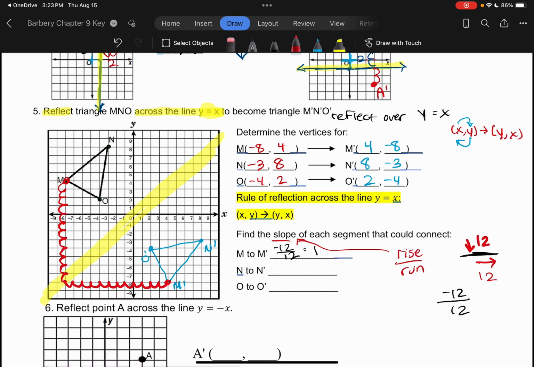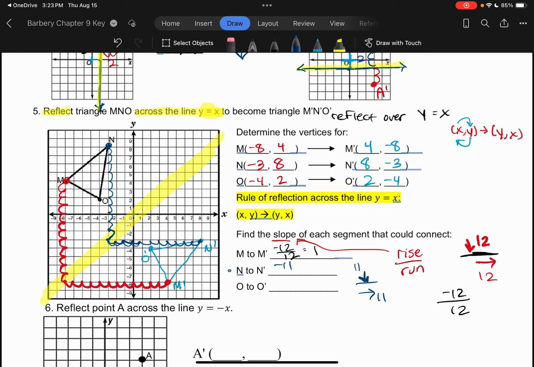Then you can check it for N to N prime. From here to here, you're going to count. It is down 11, and then to the right 11.